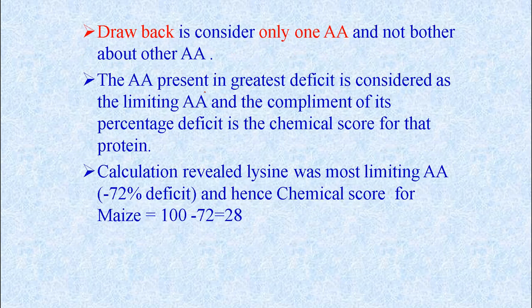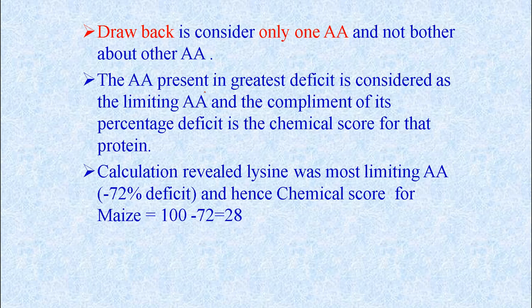Then the drawback of this chemical method is that it considers only one amino acid and not the others. The amino acid present in the greatest deficit is considered as the limiting factor, and it is a chemical score rather than that of the protein. So this is also not a completely perfect method to calculate the quantity of the amino acids or the proteins.